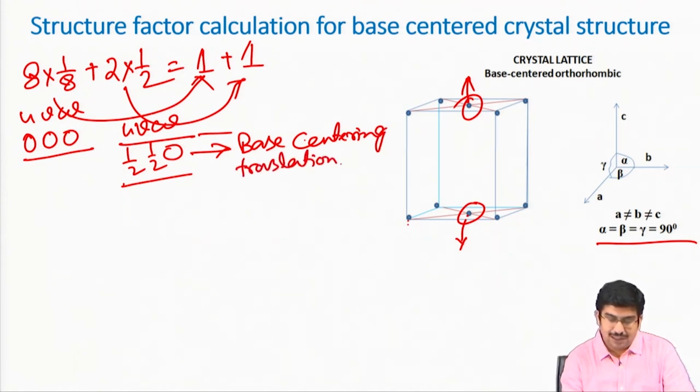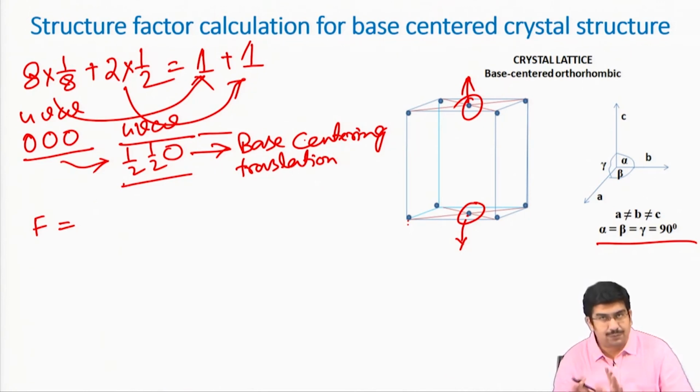So, if you start with the 0, 0, 0 corner atom and then apply this base centering translation on this atom, you will be reaching this base centering position. Simply again we will use the same expression for F. Now we imagine that all of them are the same type of atoms, we do not go into complexity.